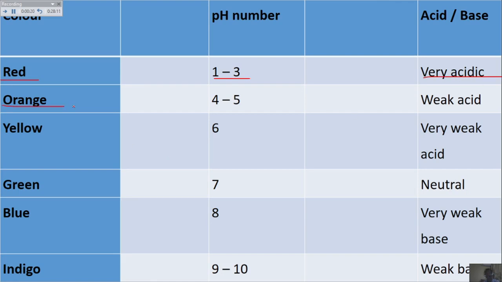When you have orange as an indicator, it's between 4 and 5, and that is a weak acid because it goes from 7 to 0. Then yellow is 6. In this case, we begin to see, then when you have indigo, you have a weak base, which is going from 9 to 10. For basicity, it will be increasing from 7 to 14.